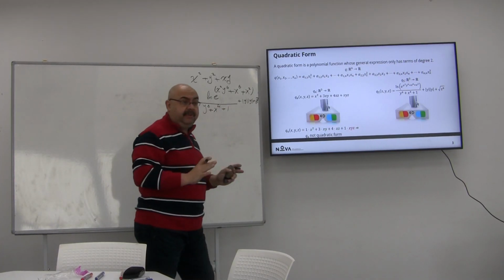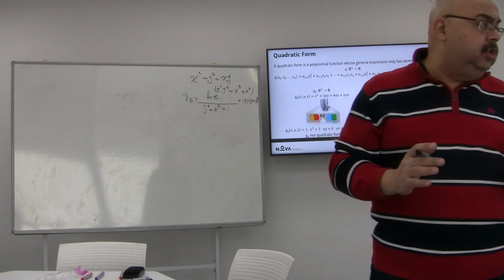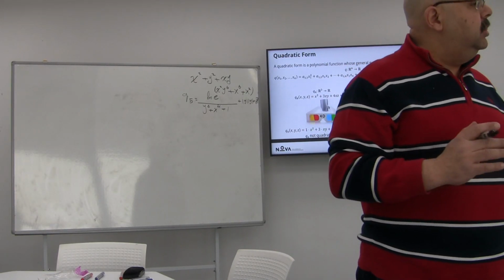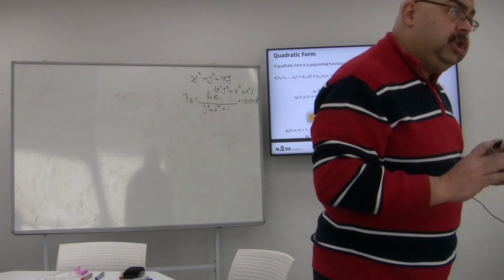If you look at this problem at first glance, you can't give a good judgment about whether this function is a quadratic form or not. But try to simplify it.